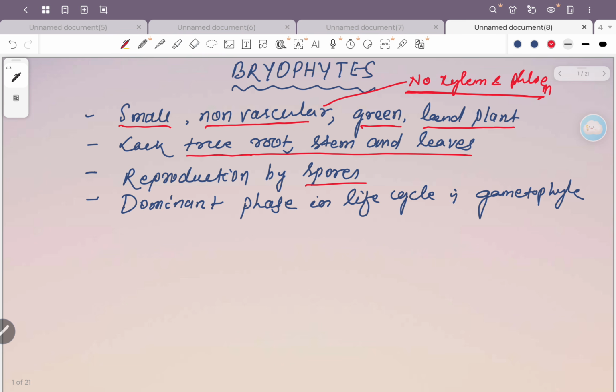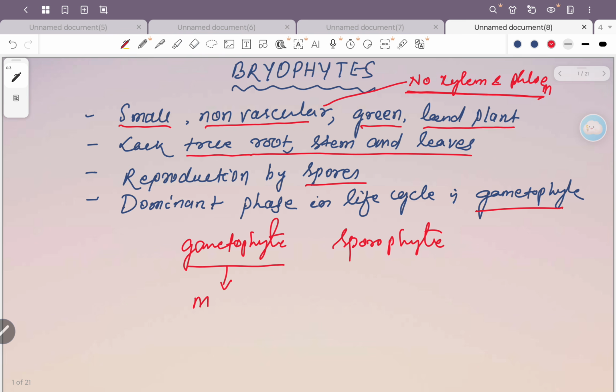And the dominant phase in the life cycle is gametophyte. See, in the life cycle of bryophytes, there are two phases. One is gametophyte and other is sporophyte. Okay, so the gametophyte is the main plant body.